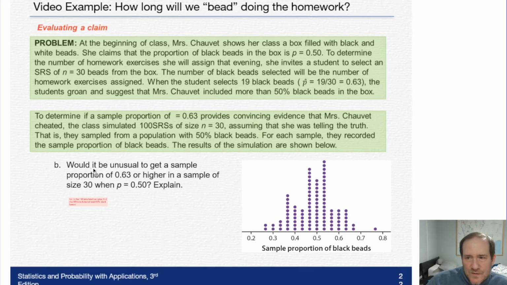Part B says, would it be unusual to get a sample proportion of 0.63 or higher in a sample of size 30 when the population proportion was 50%? Explain. Well, this goes back to a previous chapter. We've done this before too. What we would do here is look at these 100 samples and see how many times we actually get a sample proportion of 0.63 or higher.